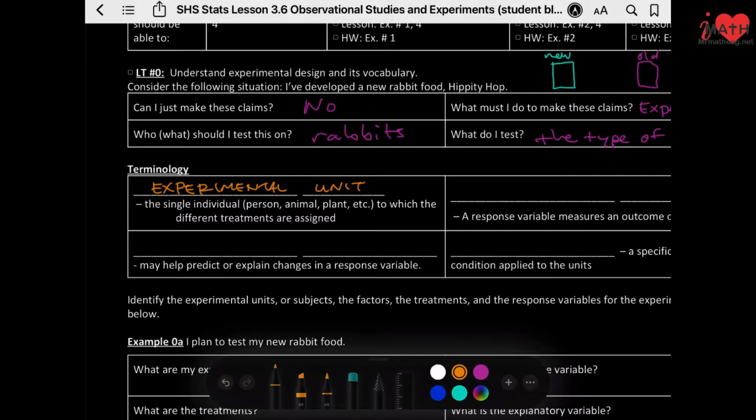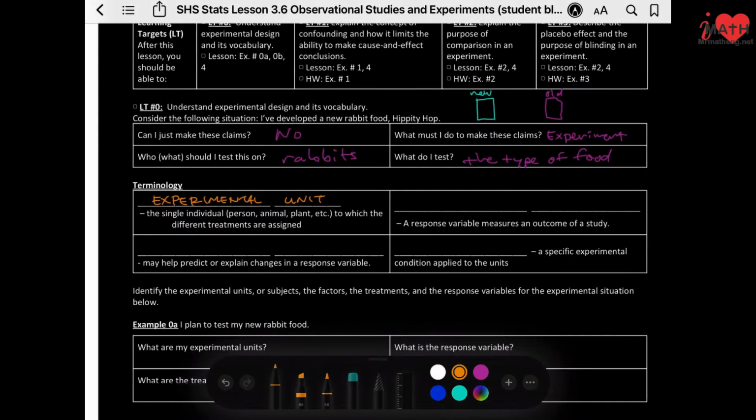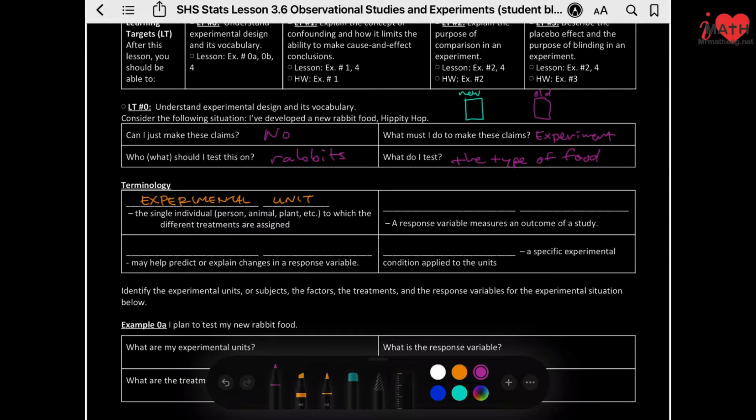Okay, there's also the response variable. If you remember back, a response variable measures an outcome of a study.